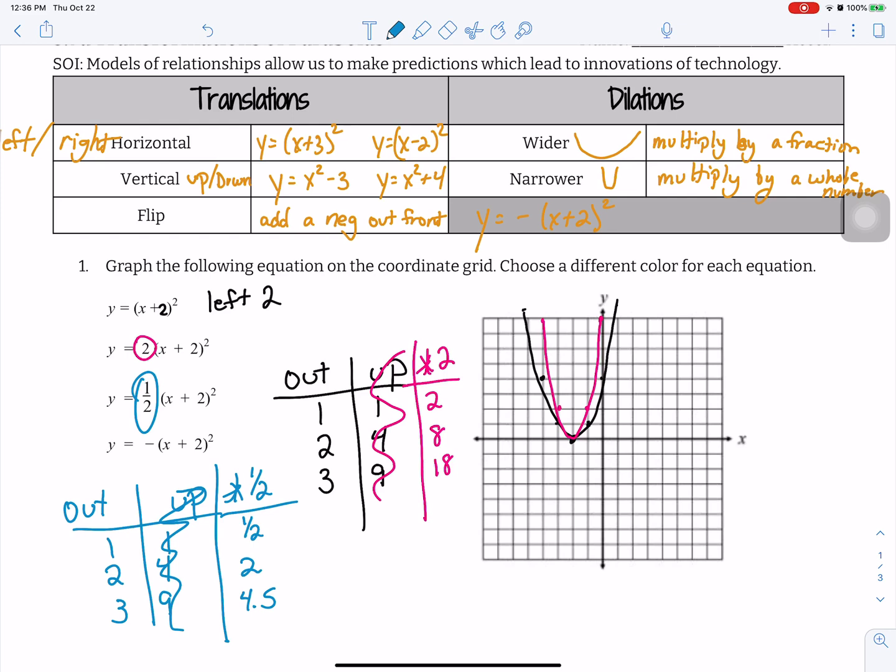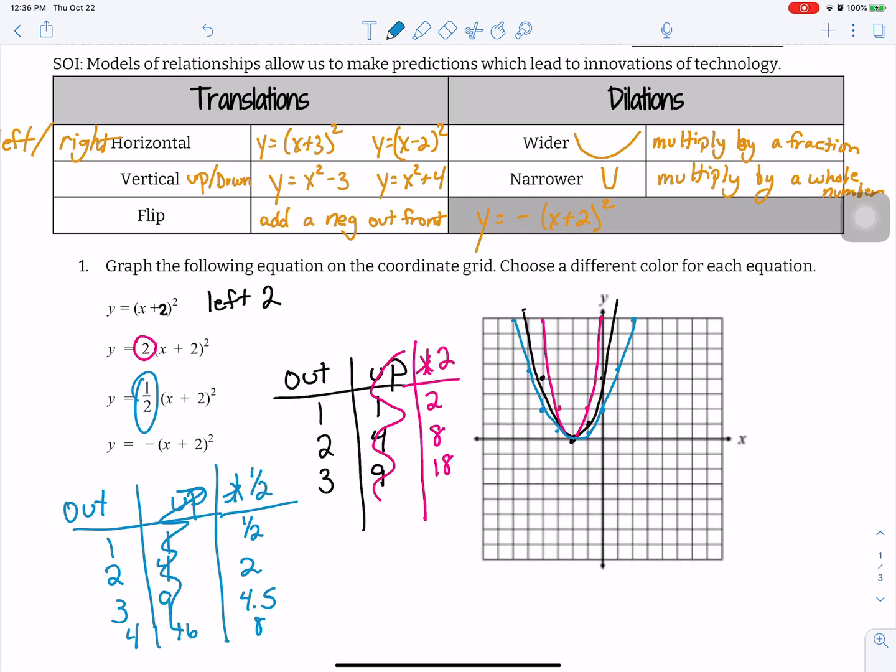So from my vertex, I go out 1, up a half. I go out 2, up 2. I go out 3, up 4.5. I'm going to add in my 4, which would have been a 16 and an 8. Sometimes, especially with those decimals, we'll end up needing those higher numbers just to keep my graph accurate. And we can see with all 3 of them on the same point how one's wider and one's narrower. Those out and up charts are going to become really, really helpful for us.